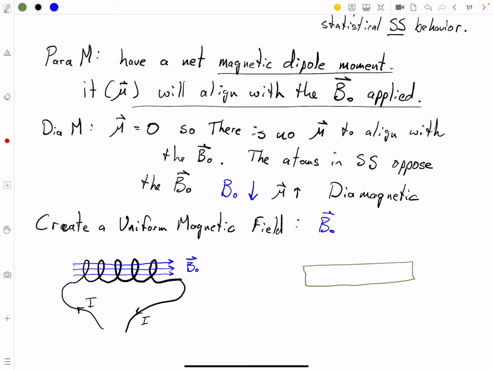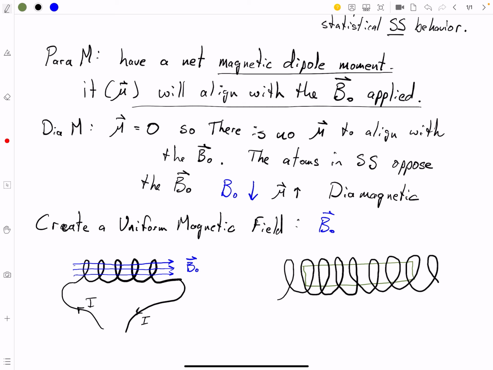So we're going to wrap it up in our solenoid. And we'll bring that around, and we've got our current, and so we've got this thing.